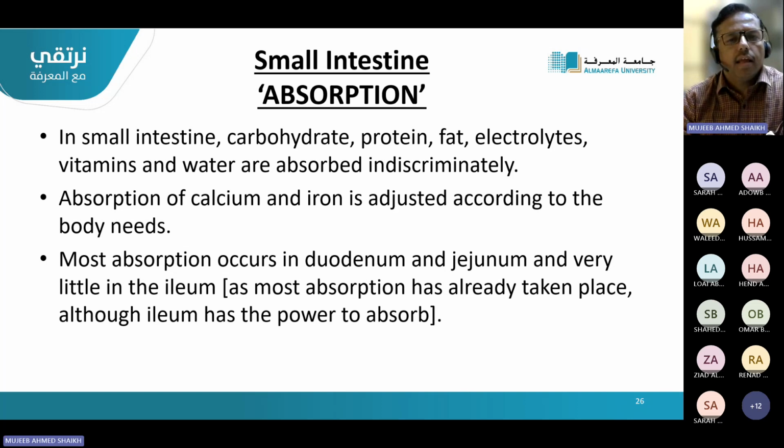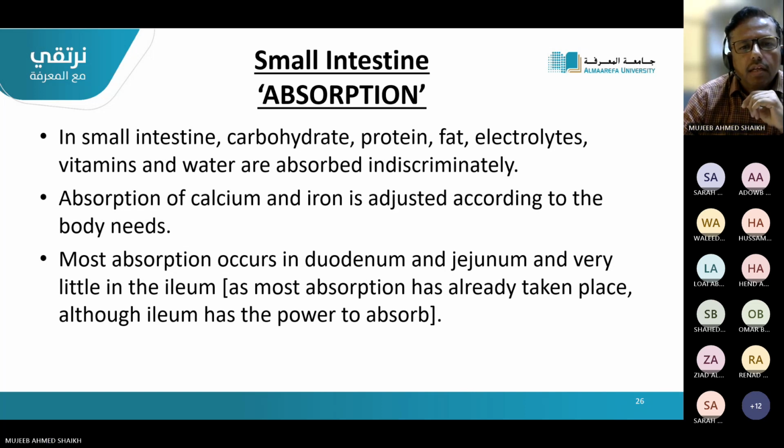In the small intestine, there will be absorption of protein, carbohydrate, and vitamins indiscriminately. Meaning that if they are present in large quantity, suppose you have taken a very high-protein meal, you will have many amino acids or peptides present in the digestive lumen, so they will all be absorbed.